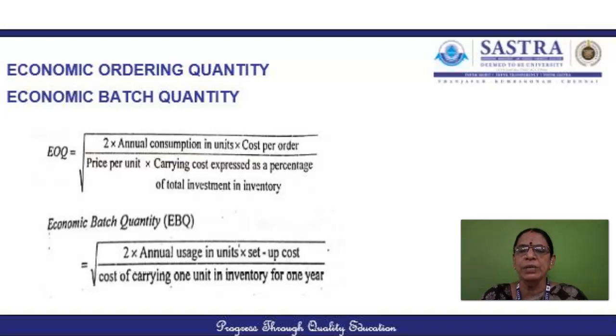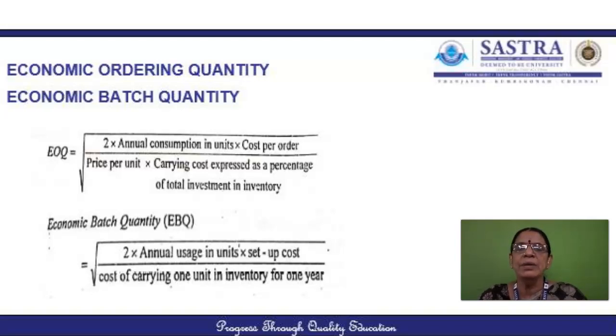If we take into account the decreased cost of this reduced level of inventory, the economic run length ERL or batch quantity in number of units per production setup would be: ERL, economic run length, is equal to square root of 2 into setup cost into annual demand divided by carrying cost into 1 minus annual demand divided by annual production.